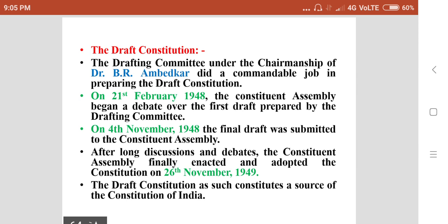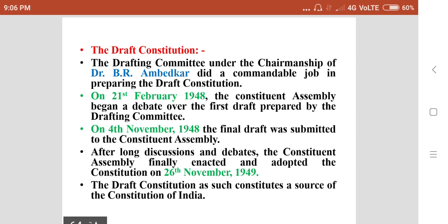Then another source for the Constitution of India was the draft Constitution. The drafting committee, under the chairmanship of Dr. B.R. Ambedkar, did a commendable job in preparing the draft Constitution. On 21st February 1948, the Constituent Assembly began a debate over the first draft prepared by the drafting committee.